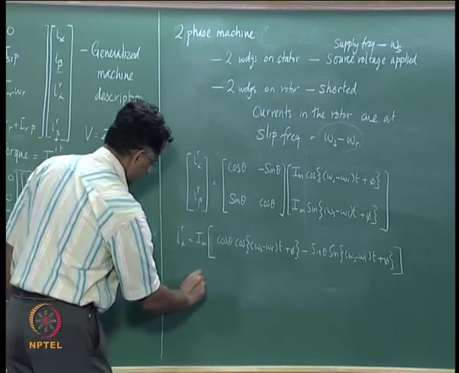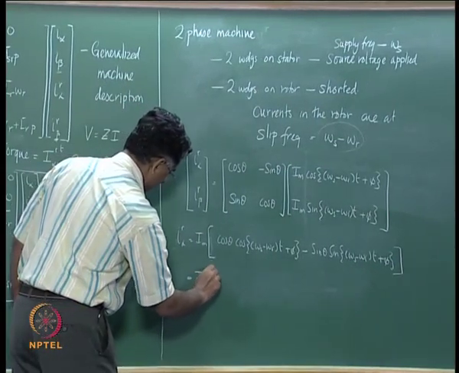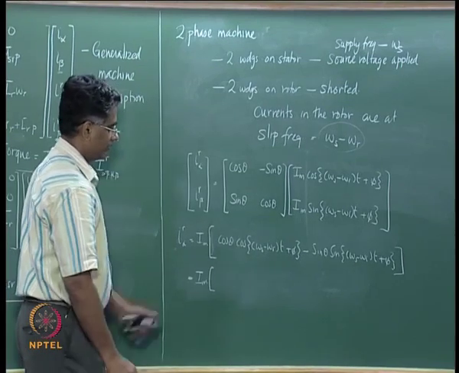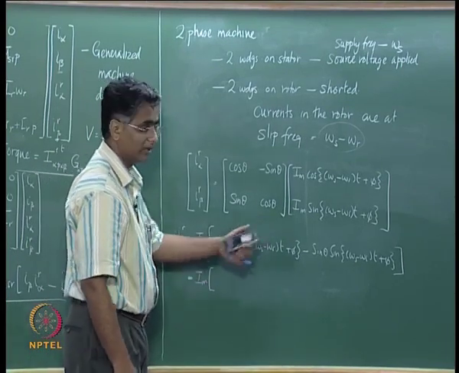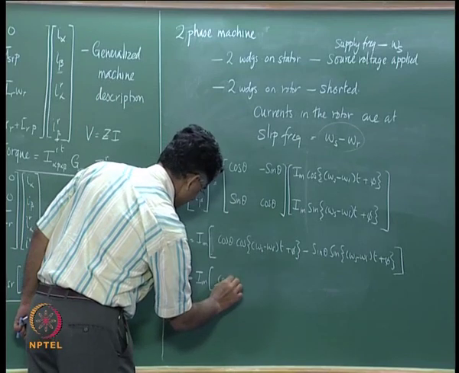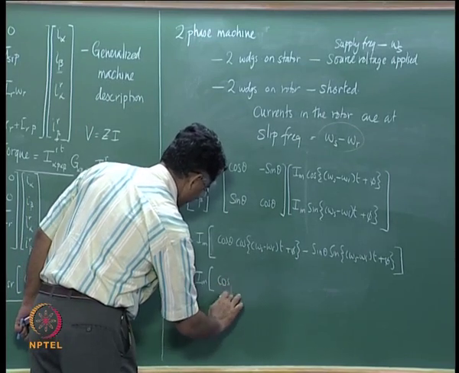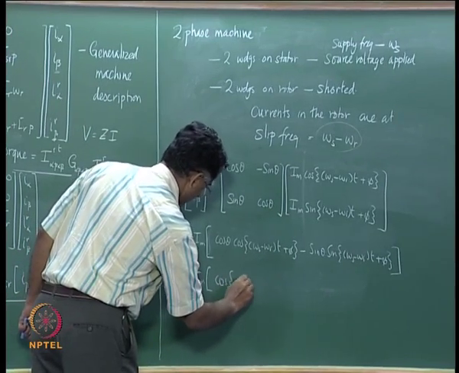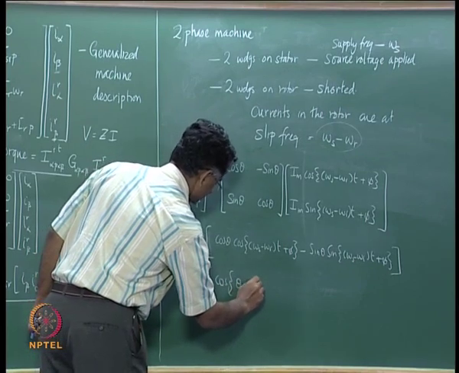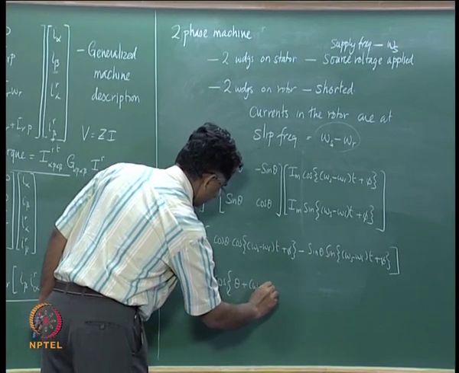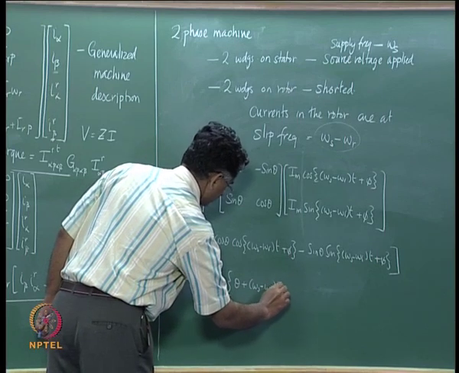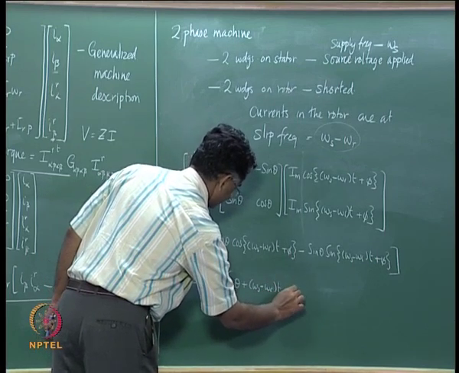This can therefore be written as Im into, this is of the form cos A cos B minus sin A sin B, therefore this is nothing but cos of theta plus omega s minus omega r into t plus phi.